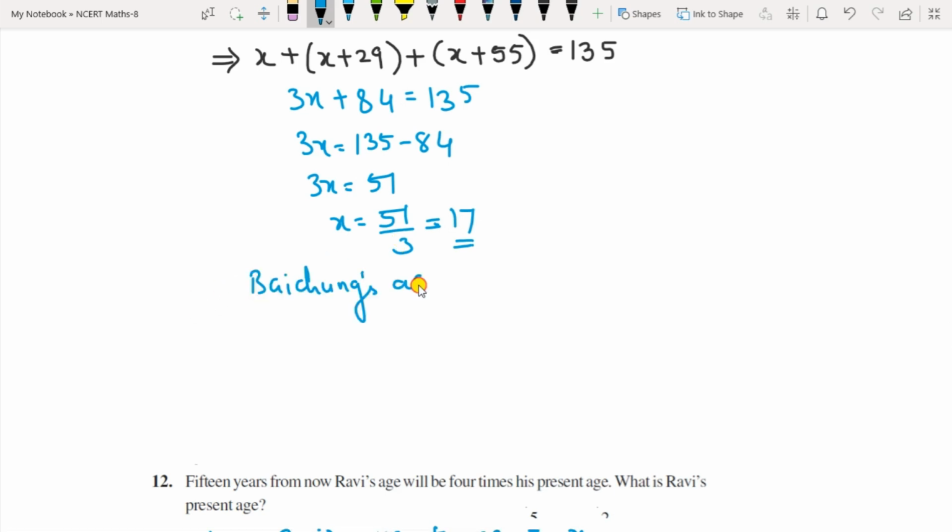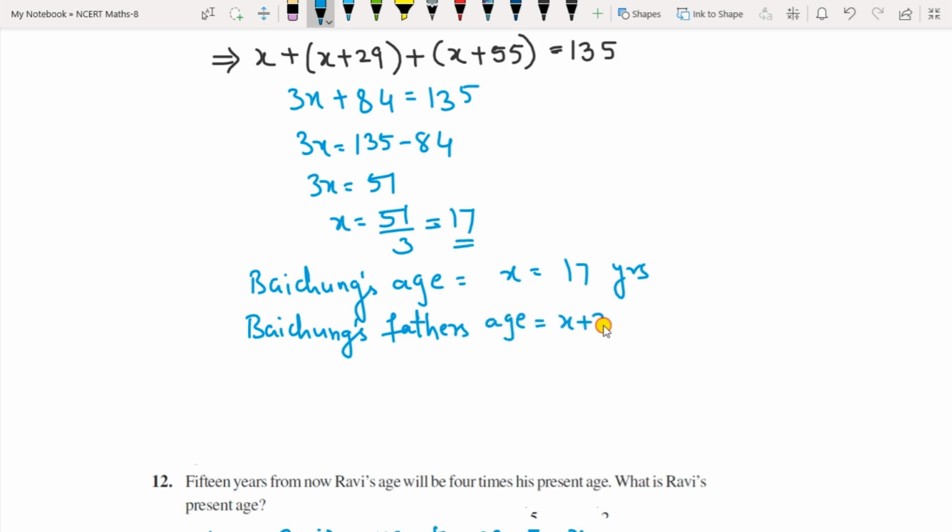Who was x here? Baichung's age. So x is 17. So write your statement that Baichung's age is x equal to 17 years.